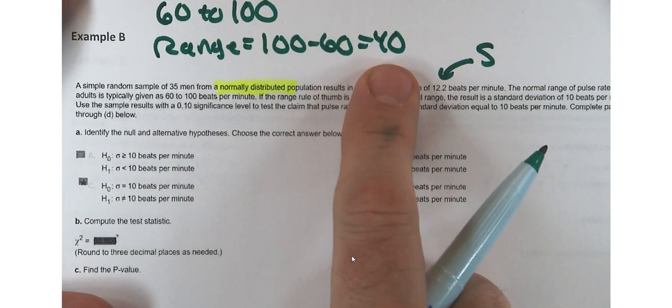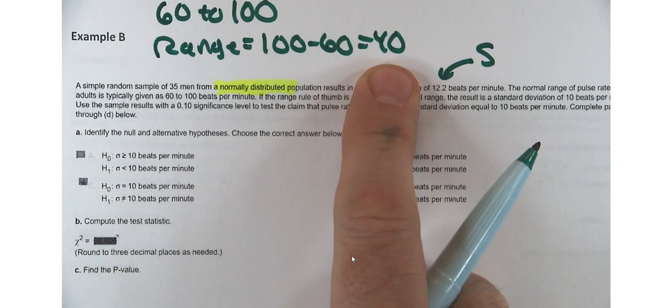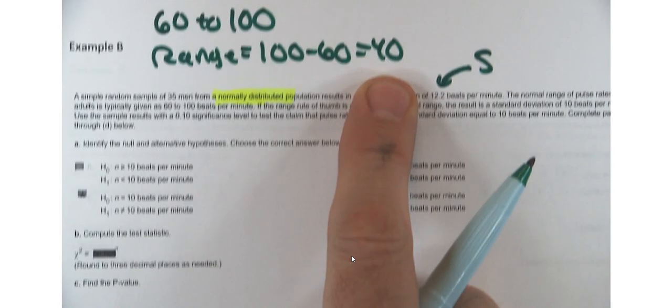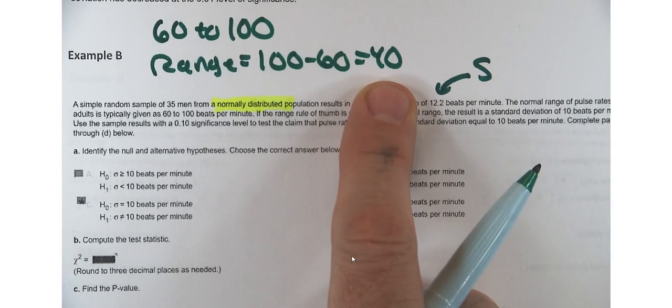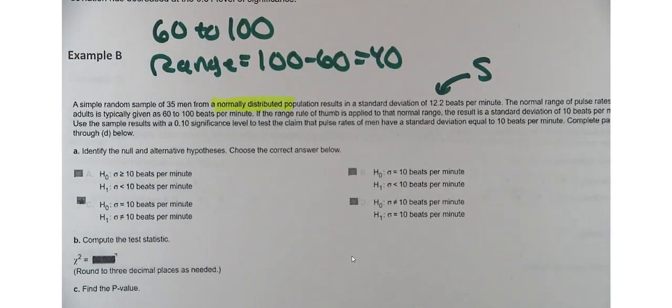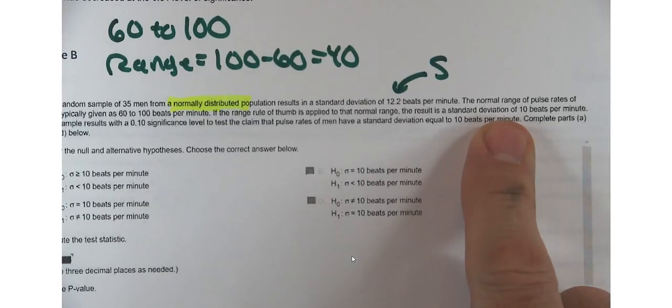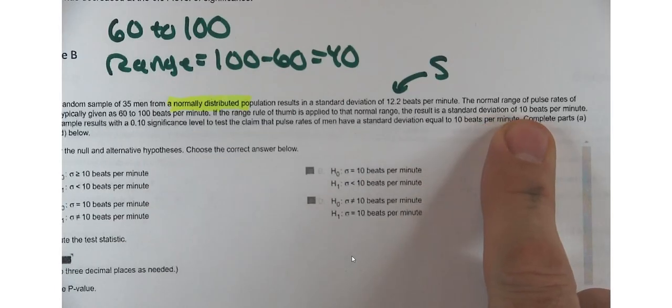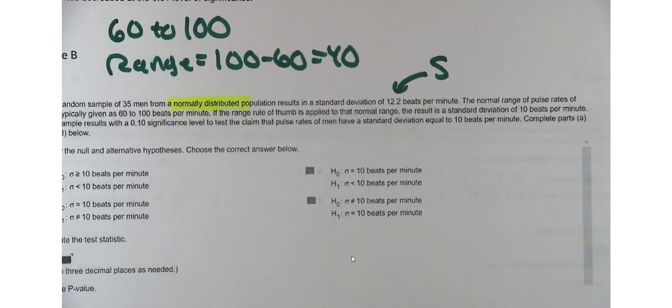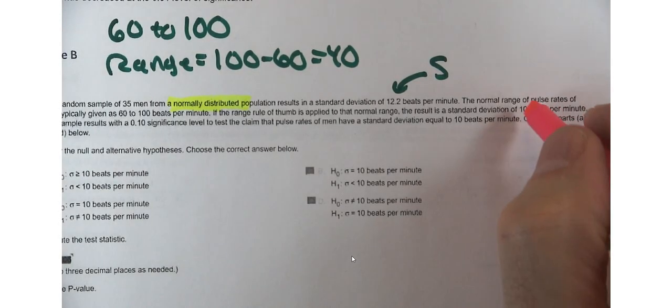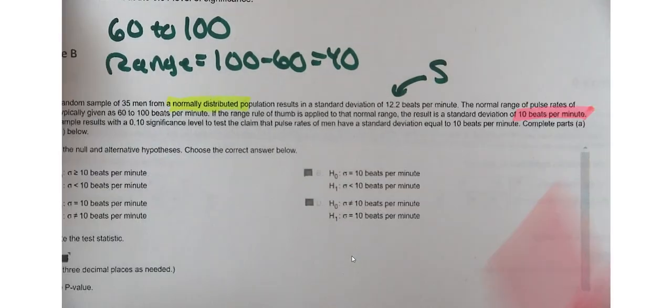If I divide that by 4, what do I get for an estimate for sigma? 10. So that's exactly what they're doing in this problem. They're saying, okay, if we apply the range rule of thumb, then we get a standard deviation of 10 beats per minute. So that's going to be our sigma in this particular problem. Sigma is 10.